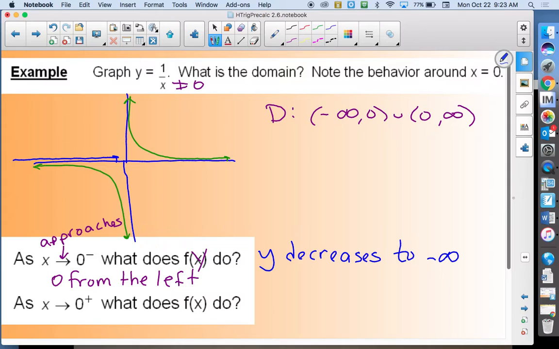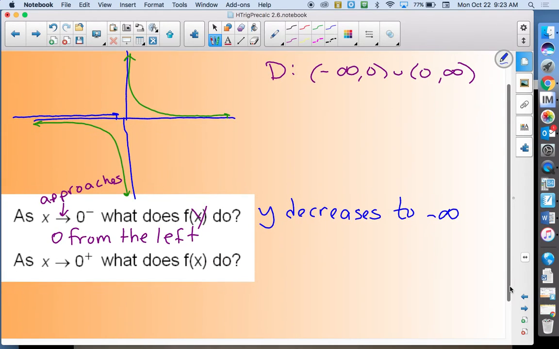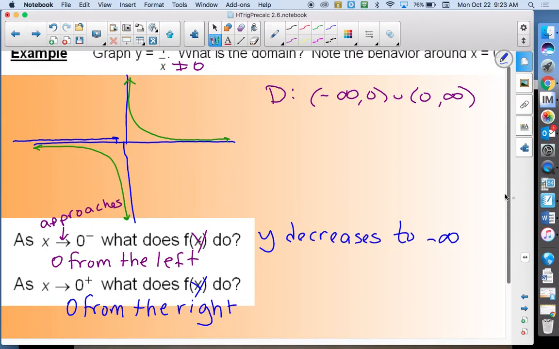So as we're getting closer and closer to 0 for the x value, the y is going down to negative infinity. And then the other part says as x approaches 0 from the right, that's what the plus sign after it means. What does y do? So now we're on the right side and we're going in towards 0.